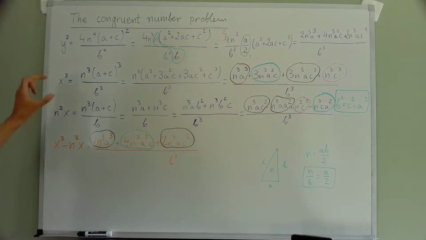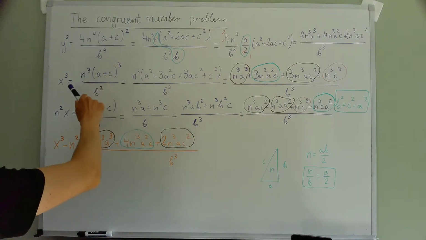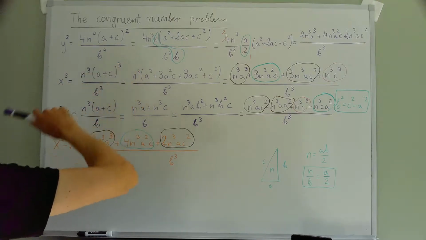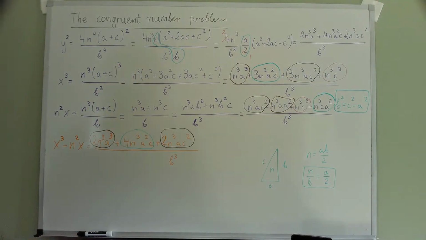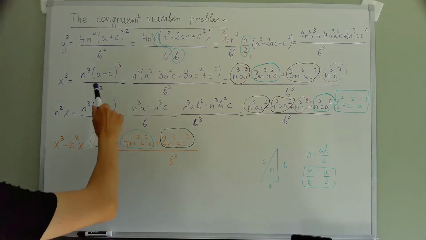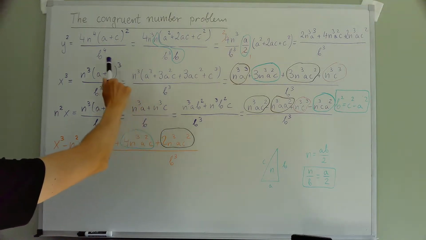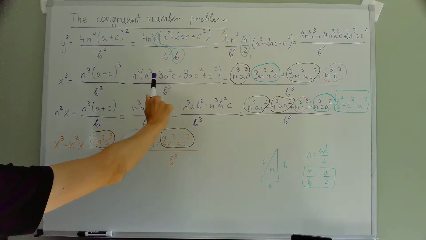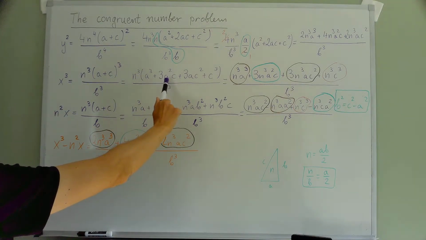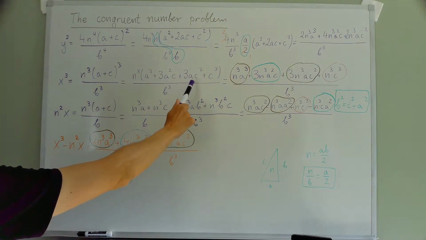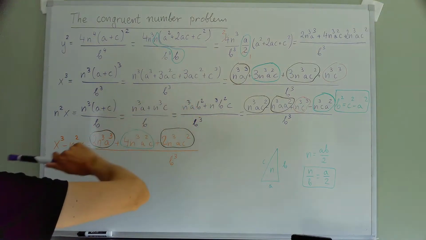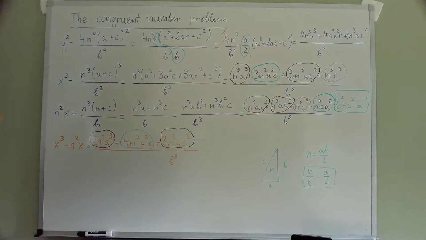Okay, let's now expand the x cubed. So this is what we have for x cubed. So remember, x was just n times a plus c over b. So if we expand that, we get n cubed, and this is just a cube of a sum, so it's a cubed plus 3a squared c plus 3ac squared plus c cubed, everything divided by b cubed.